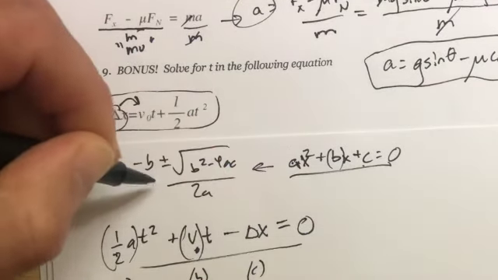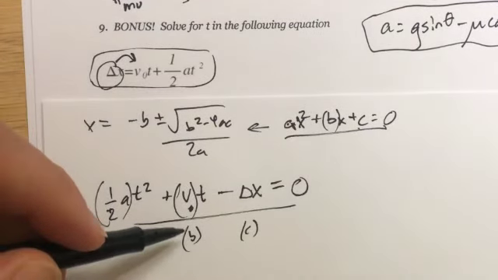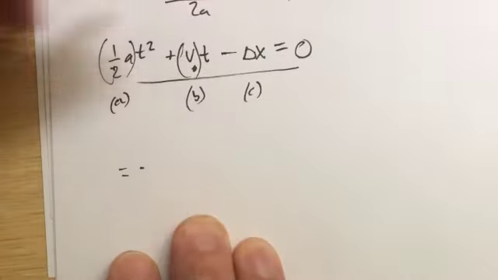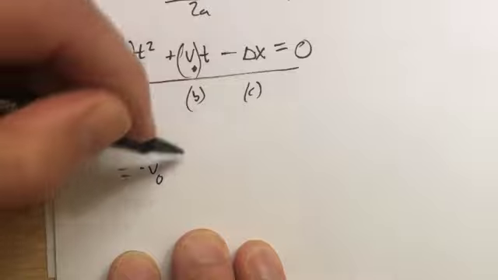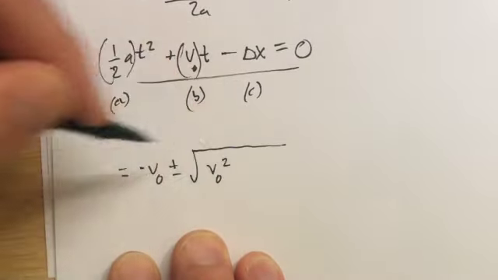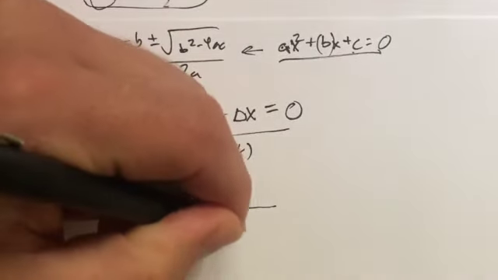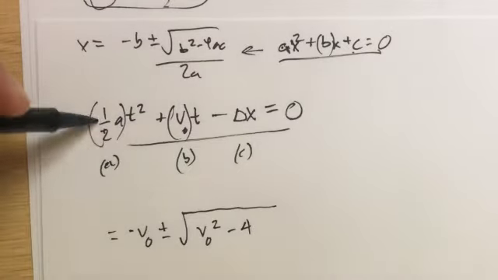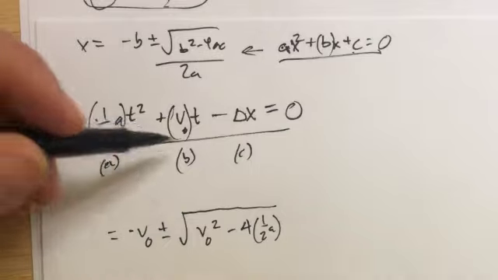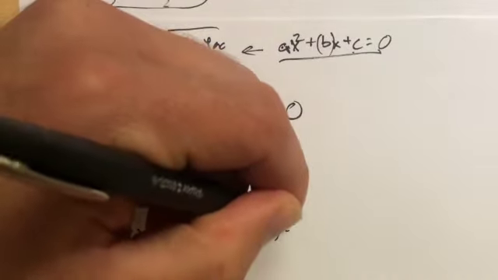Okay, so now I can take this equation here and plug some things in. So what is negative b? Negative b would be negative v naught. So I go t equals negative v naught plus or minus the square root of v naught squared, because that's b squared, right here, minus 4 times a, which is 1/2 a, times c. c is negative delta x.